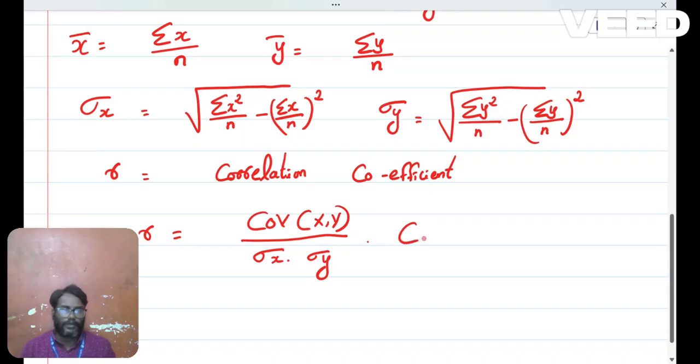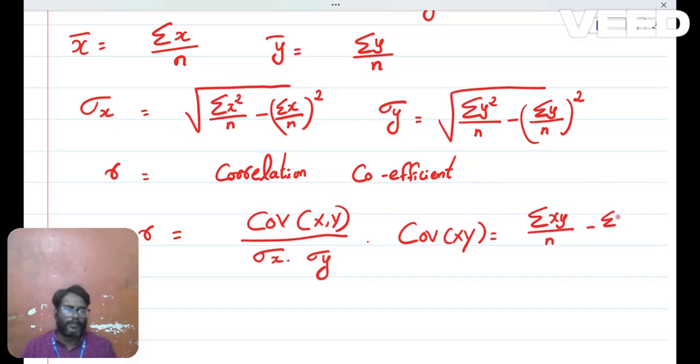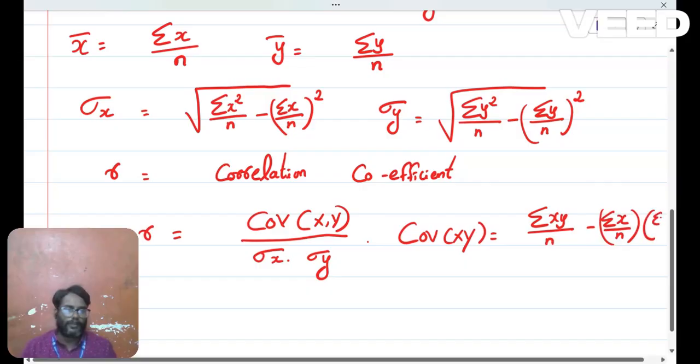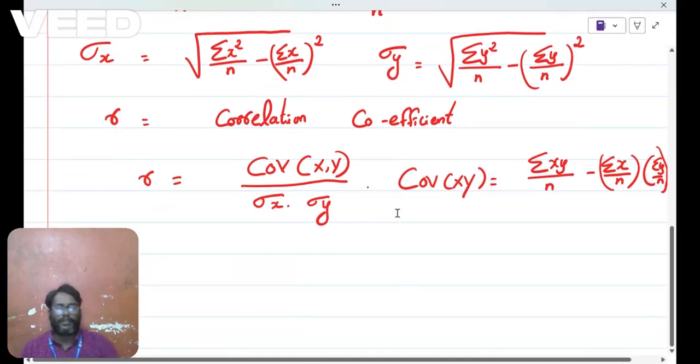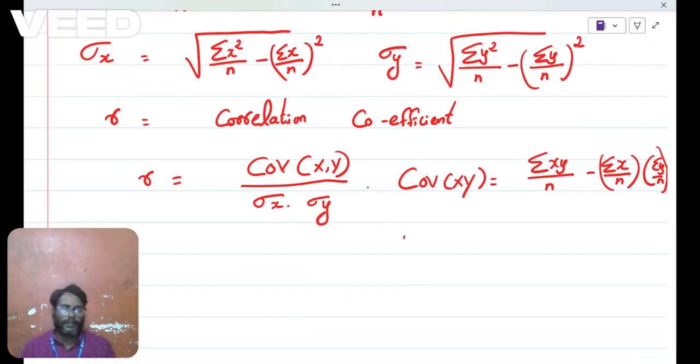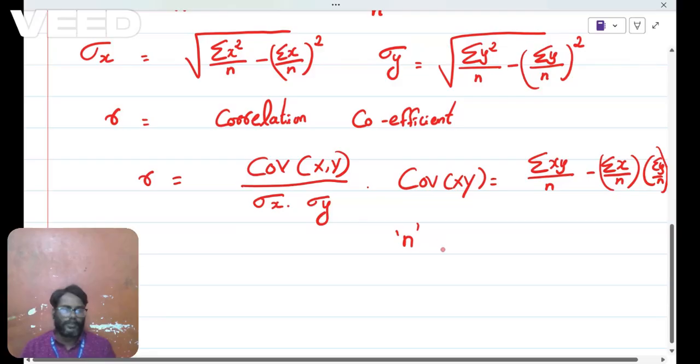The formula to compute covariance of xy is summation xy divided by n minus summation of x by n into summation of y by n. Here n denotes the number of data.